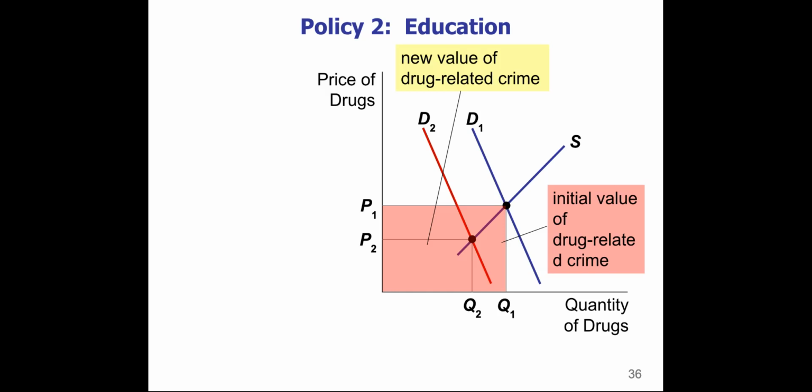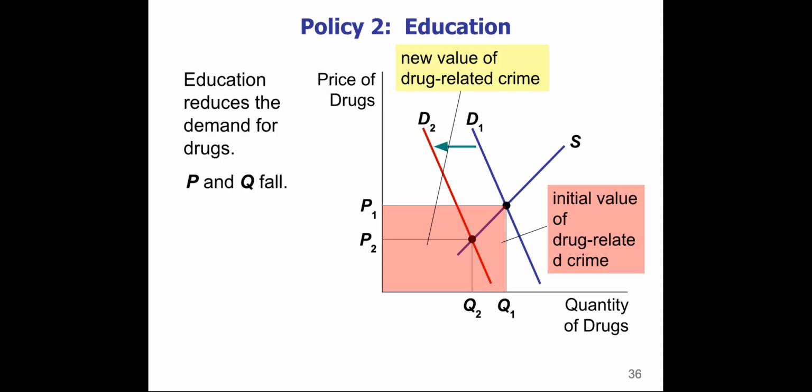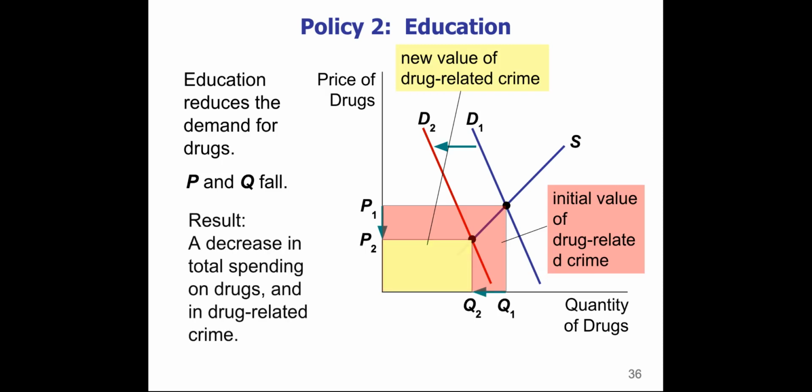And now the value or the total revenue of the marketplace for selling illegal drugs by the drug dealers is much smaller than it was before. And again, that's because this is an inelastic market. So restricting the amount of buyers you have in the first place is a far better way of reducing the total value, revenues, and profits of drug dealers.